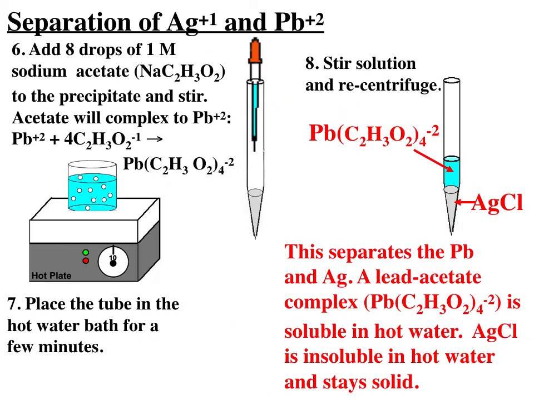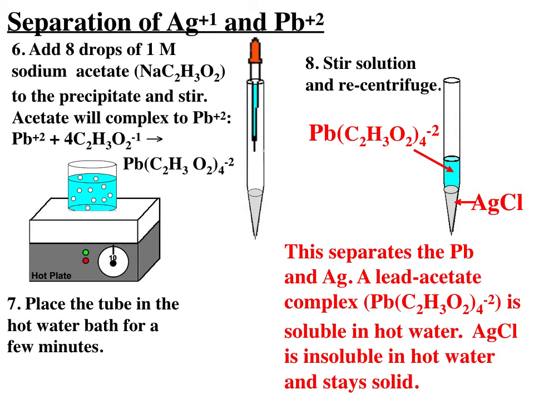To separate the silver from the lead, we're going to use another complexation trick. I'm going to add 8 drops of 1 molar sodium acetate to the precipitate, which should contain the mixture of silver chloride and lead chloride. Then I'm going to put it in the water bath and heat it a little bit.